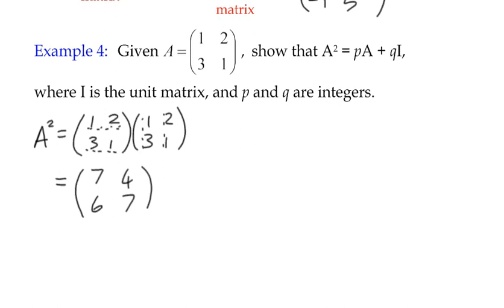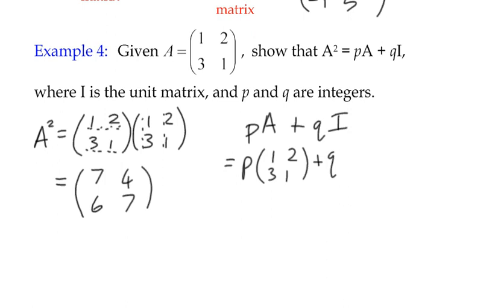So A squared is the matrix 7, 4, 6, 7, and we want to represent it by P times A plus Q times I. We'll take that separately and think, well, P times 1, 2, 3, 1 plus Q times our unit matrix.